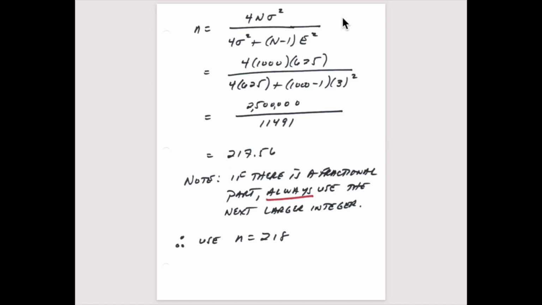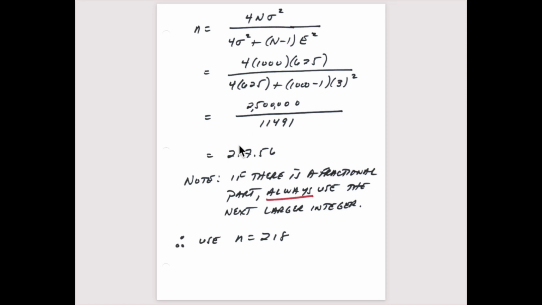Now let me just point out, be careful and make sure that you do square the desired margin of error. That's a common mistake people make. And so you have to be sure that you square that. And so we get a sample size of 217.56. Now, obviously, we can't have a fractional sample size, and so whenever we have a fractional sample size, we're going to go to the next larger integer.